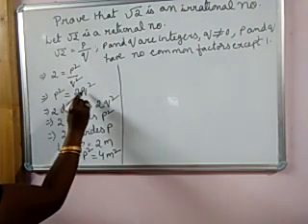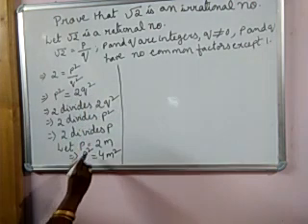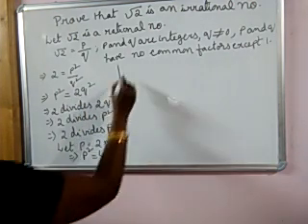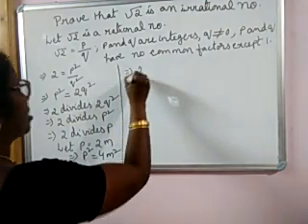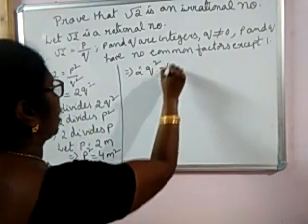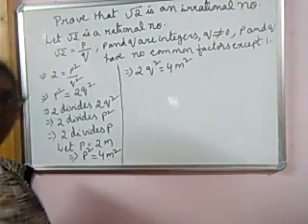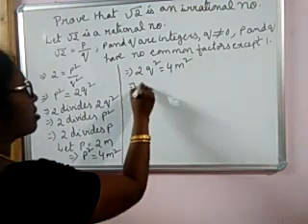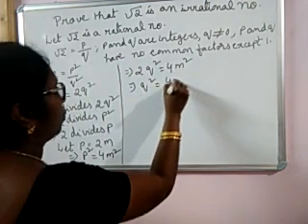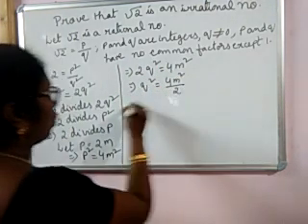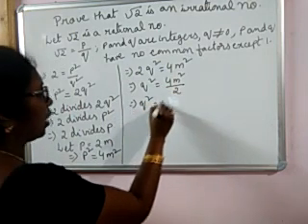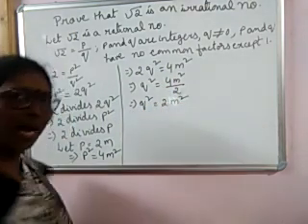Here we got P square equal to 2Q square. Here we got P square equal to 4m square. So that means 2Q square is equal to 4m square. That means Q square is equal to 4m square by 2, or Q square is equal to 2m square.